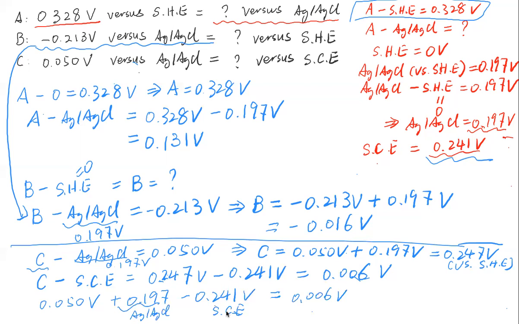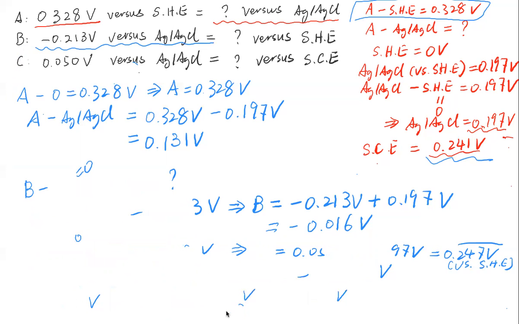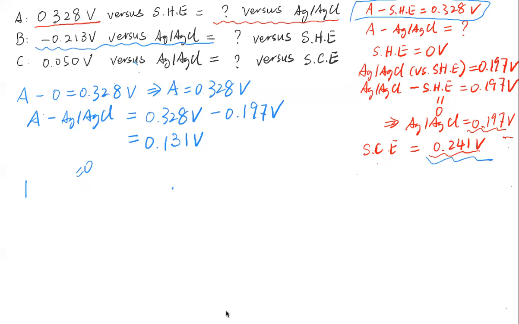So these are the three examples I'm giving you. Now, if you want to apply those calculations to a universal situation, without giving you an actual number, let's say whenever a value is given versus SHE, can we calculate the value versus silver chloride? We can do that, right? So here's the thing.